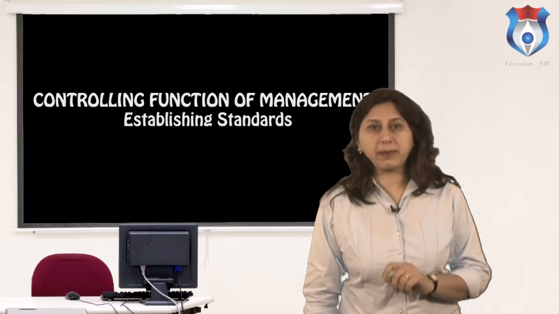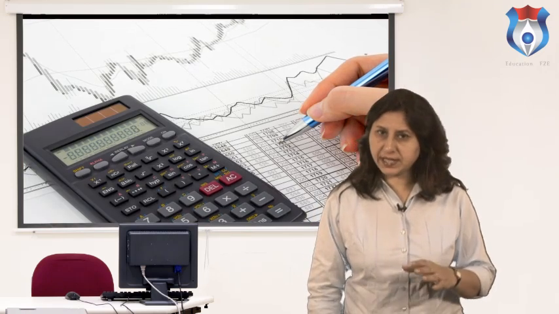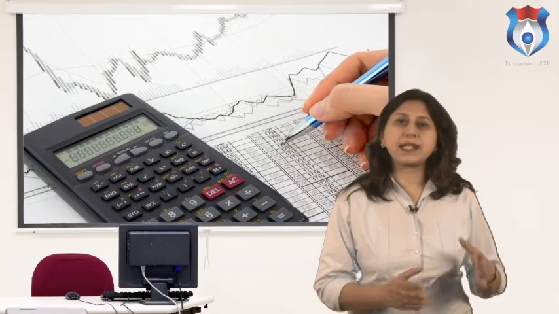Controlling function of management. Establishing standards. Physical standards, such as labor hours per unit of output, units of production per machine hour, and so on.